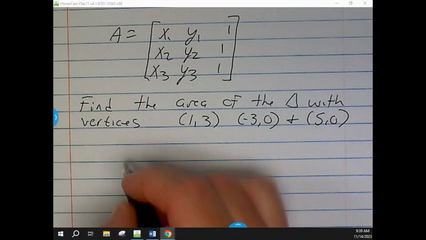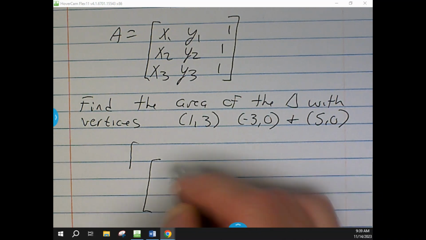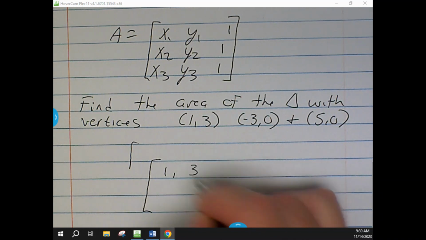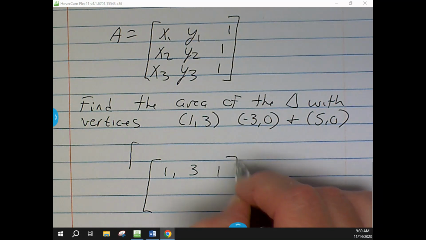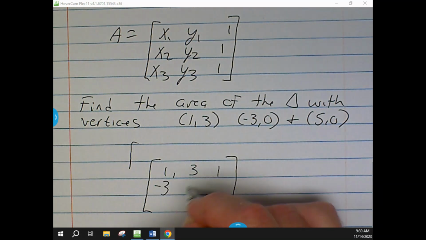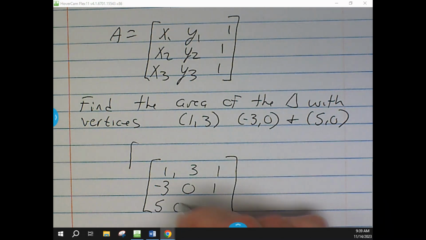Okay, so here's what we're going to do. Just put those in a matrix. Again, leave a little bit of room underneath it because we're going to have to work above it. We've got 1, 3 for the first point, and again, just put a 1 over here. Then we're going to do -3, 0, and put a 1 for a placeholder. And then we're going to do 5, 0, and put a placeholder.